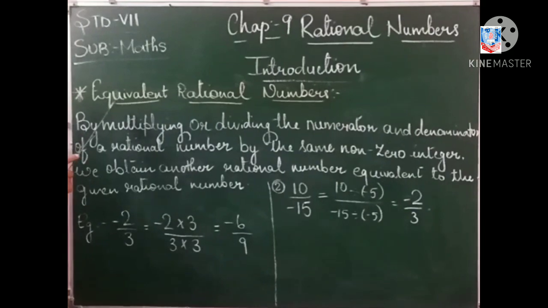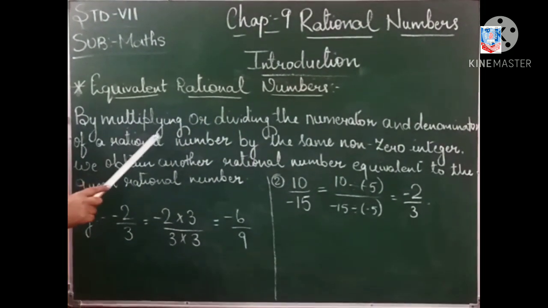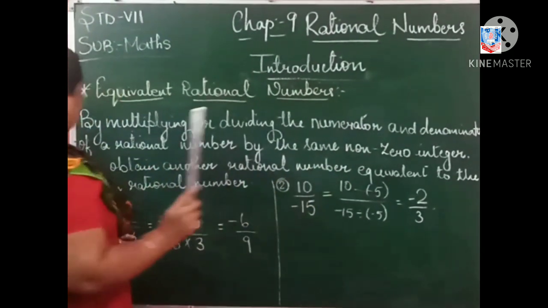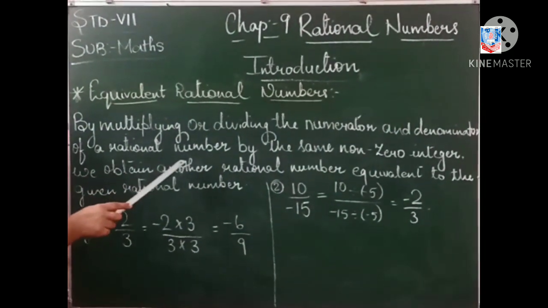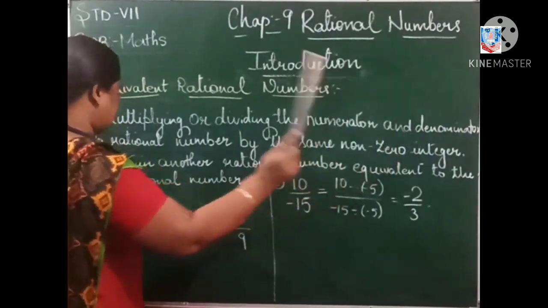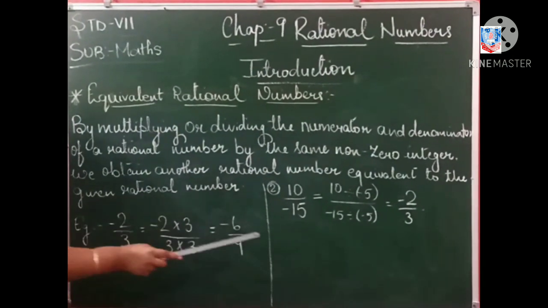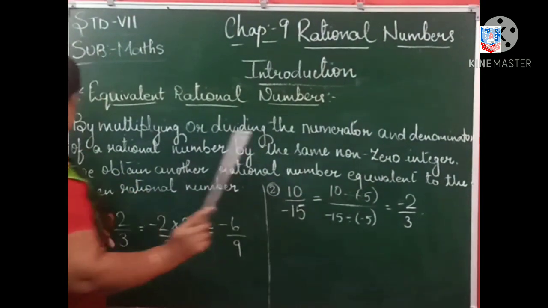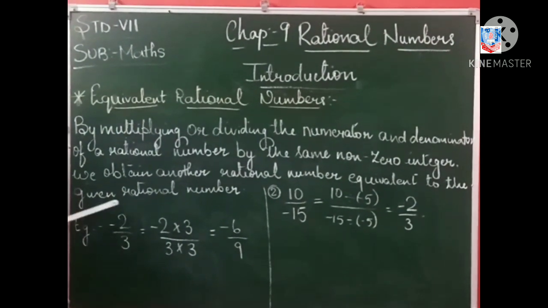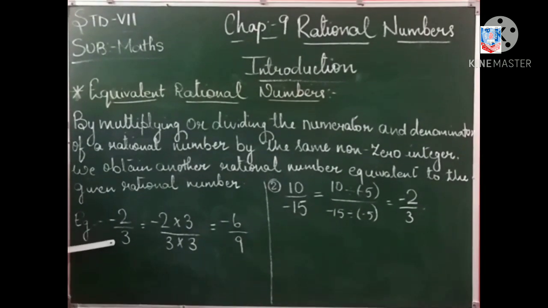Next is equivalent rational numbers. By multiplying or dividing the numerator and denominator of a rational number by the same non-zero integer, we obtain another rational number equivalent to the given rational number. See here, for example, this is a rational number minus 2 by 3.